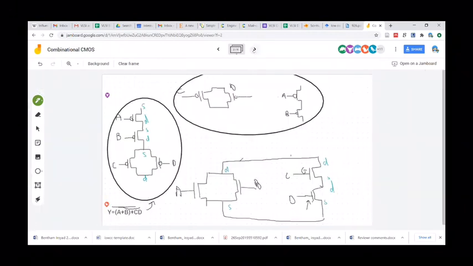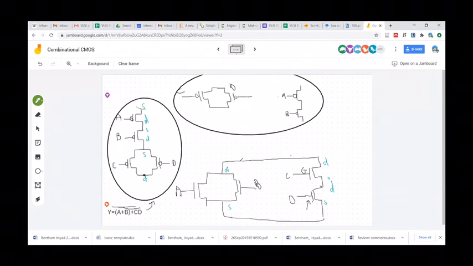Okay, group 3. So this one connects to VDD or ground? That should be the VDD. Okay, this is VDD and this N connects to?